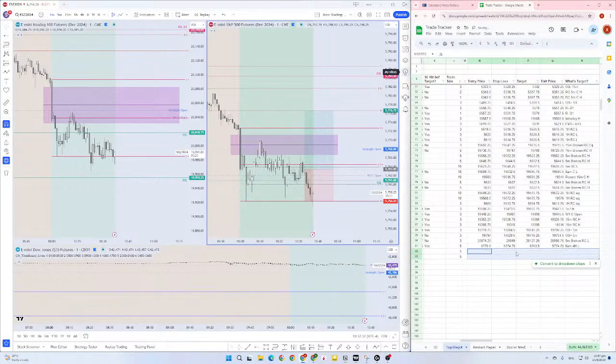And over here, what's my target? My target is actually this one. It's actually the 1 hour RC. Okay, my target is actually 5,776.75. My entry price, the second one, is 5,763.5.